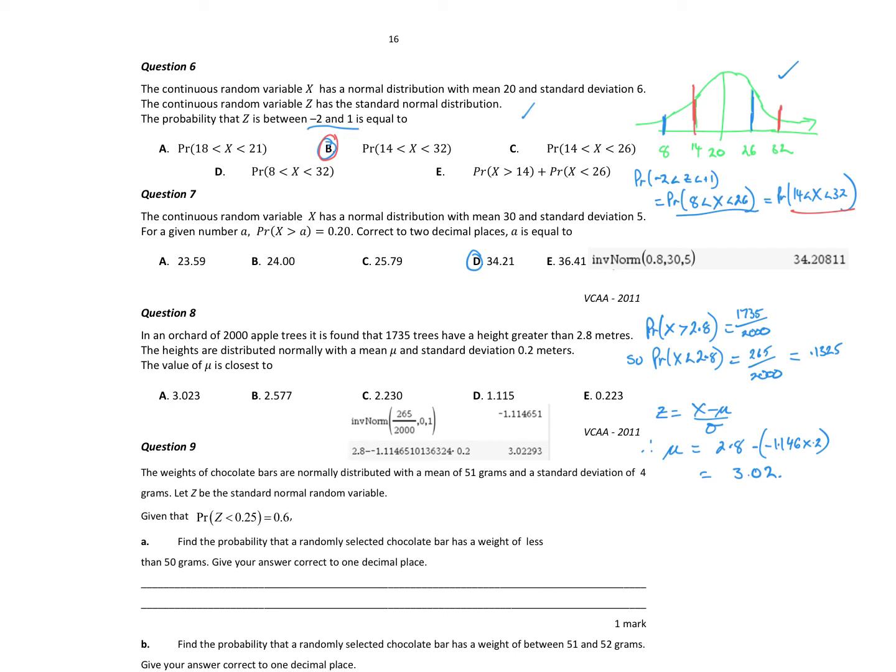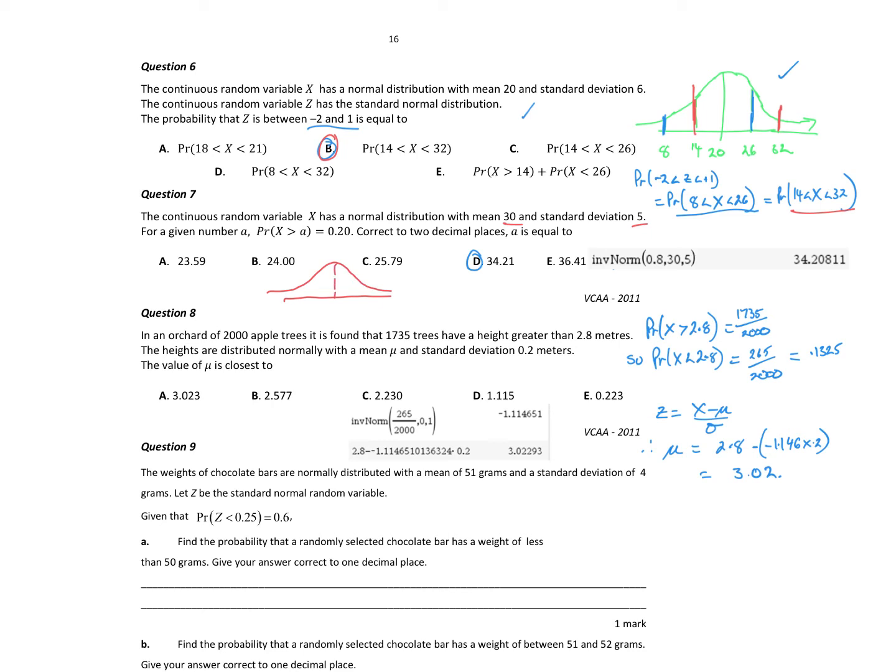All right. Normally distributed, mean 30, standard deviation of 5. For a given number A, the probability that X is greater than A is 0.2. What is A? Well, again, let's get a nice distribution, that looks a bit better.